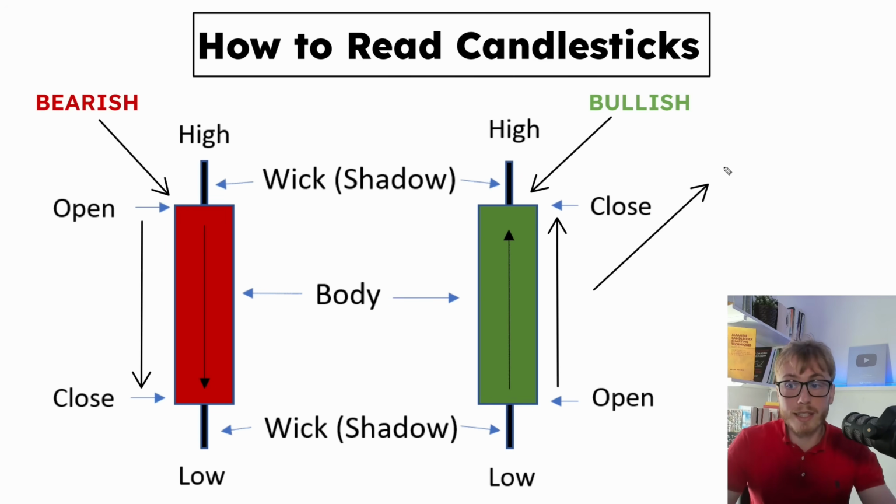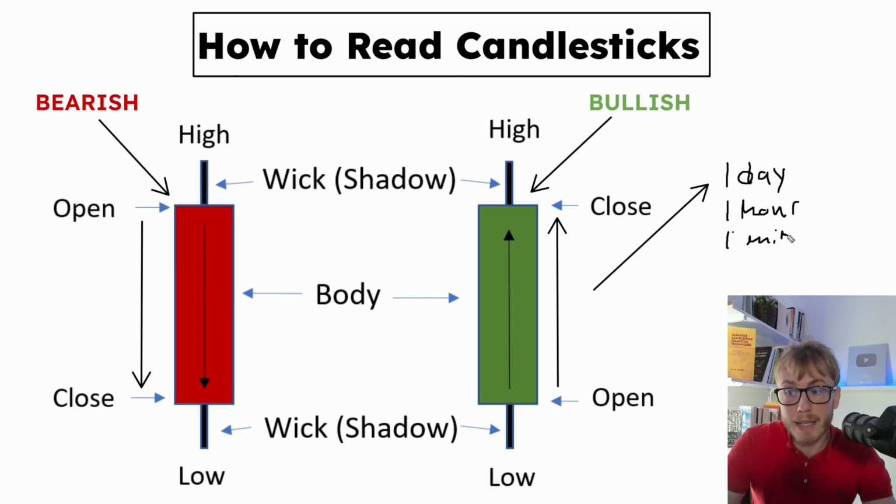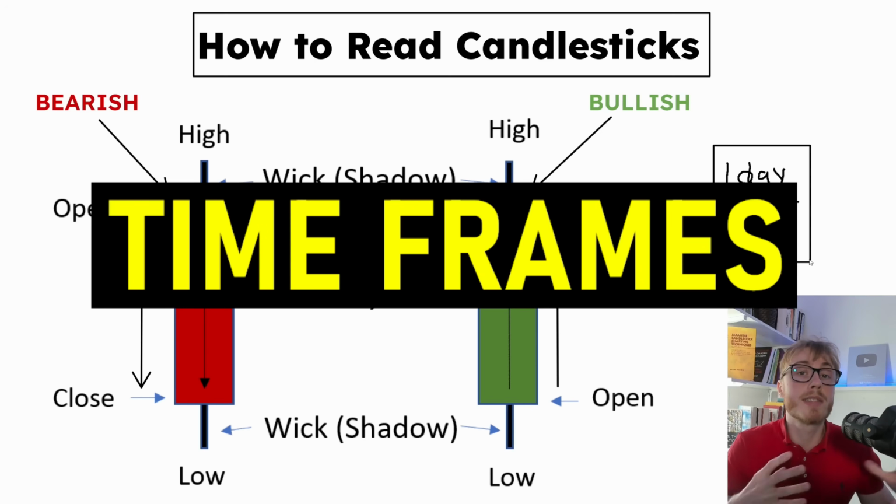One candlestick can be, for example, 1 day, but one candlestick can also represent 1 hour. I'm sorry for my ugly writing here, but I hope you can see. And one candle can, for example, represent 1 minute. And these different time periods are what we call time frames.